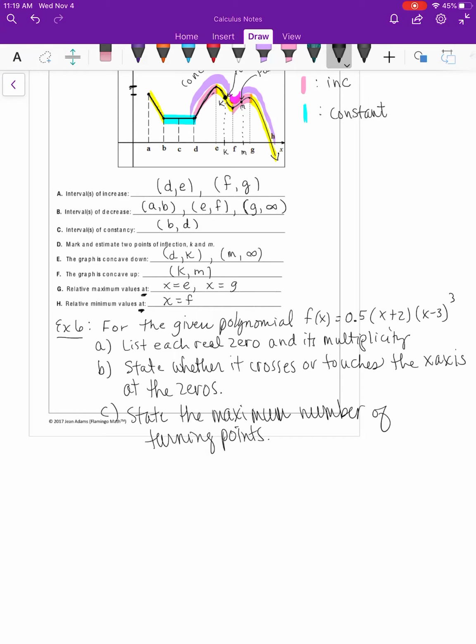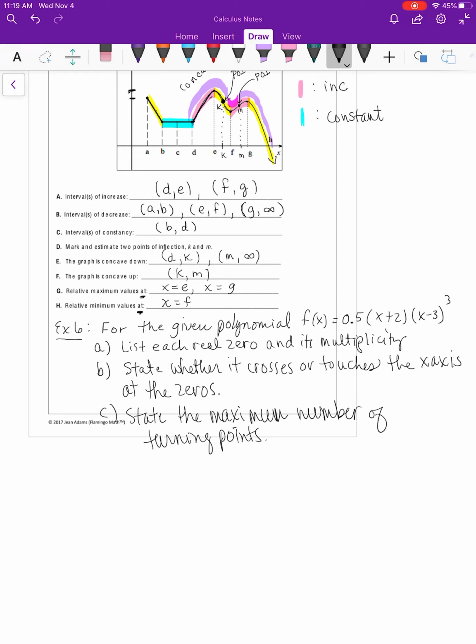So I'm going to change my window. You can leave the x's alone or even make them smaller if you wanted to, but the y's, you need to go down to negative 35 and go up to positive 35. And hit graph. It gives you a better idea of the graph when you do that.